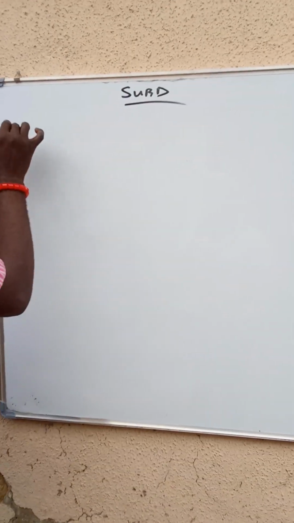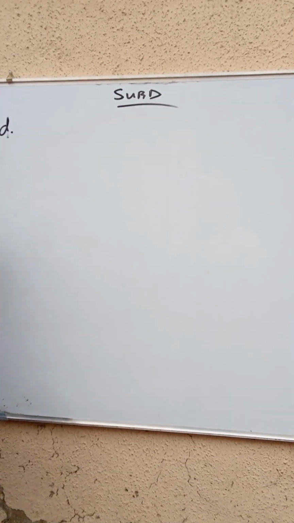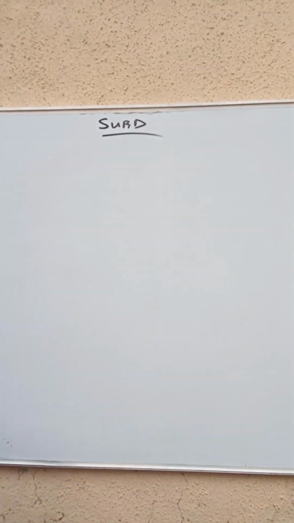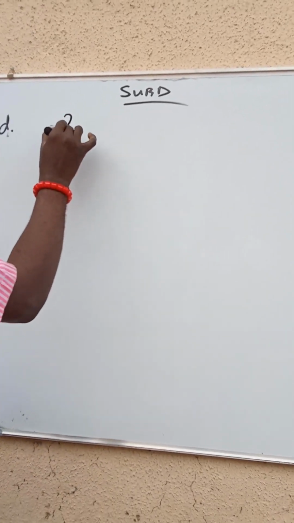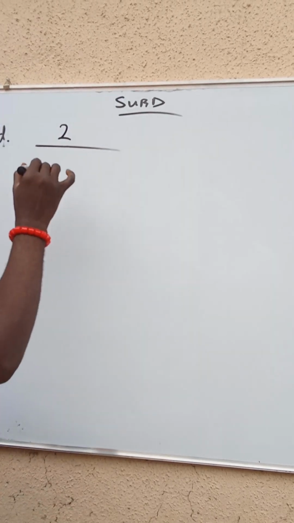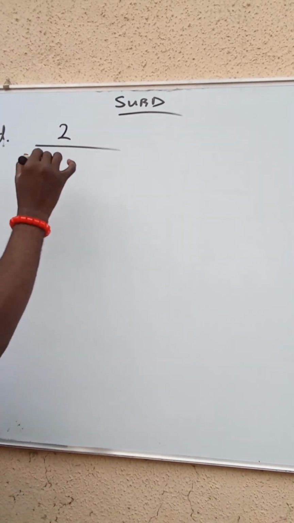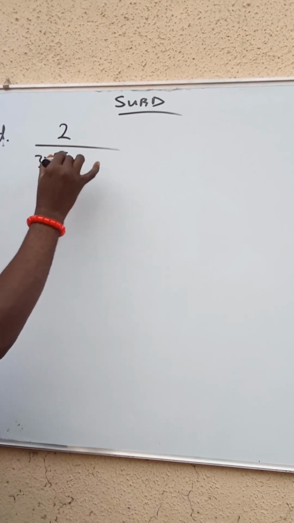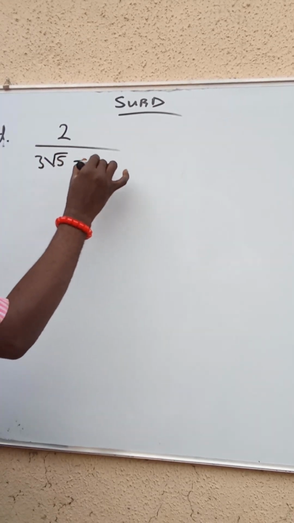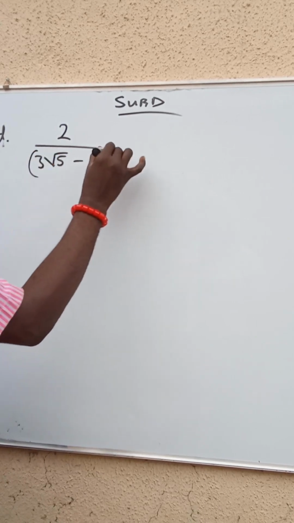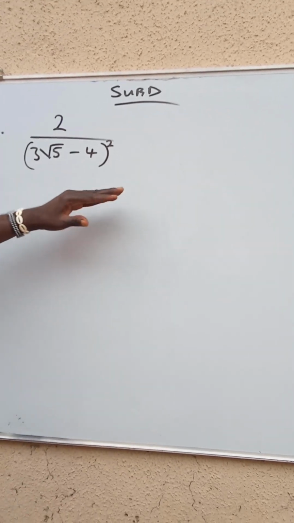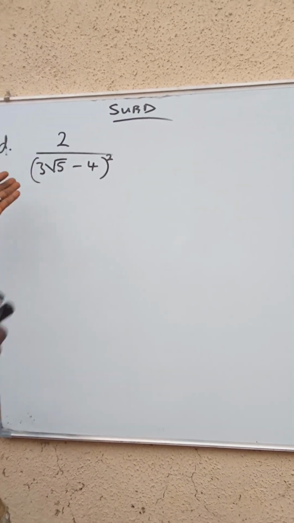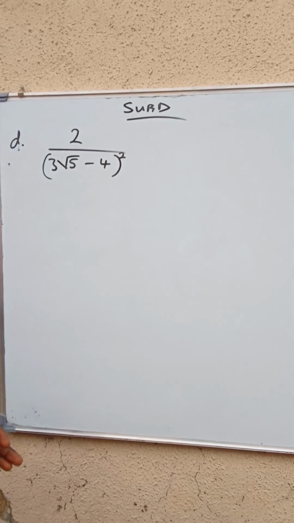So I now have D. Let's see what the D will give to us. We're given 2 over 3 root 5 minus 4 all squared. Good. Now, remember, why we put all squared is that this thing can be 2.